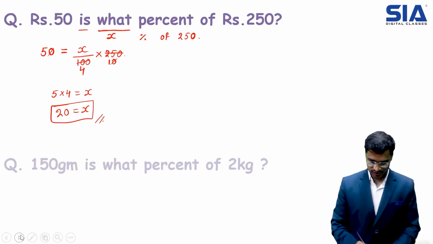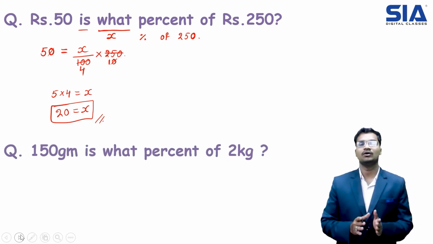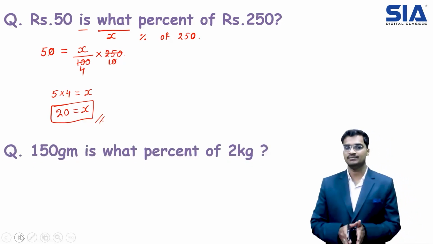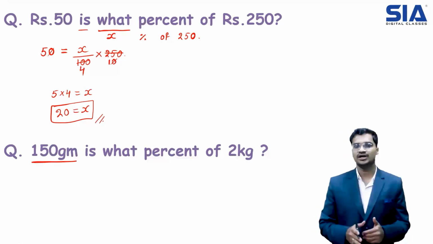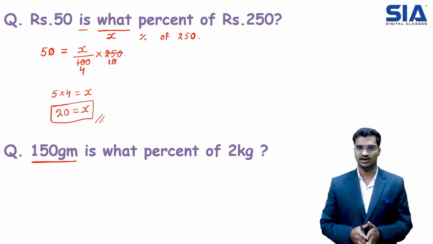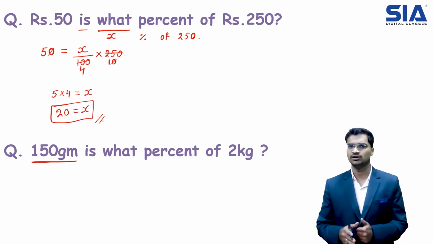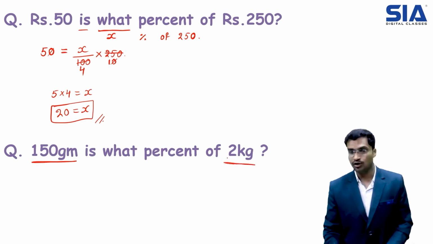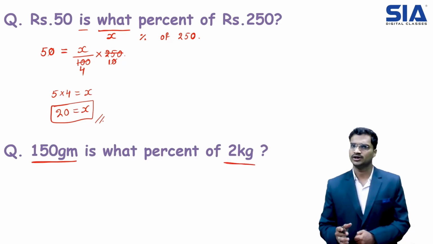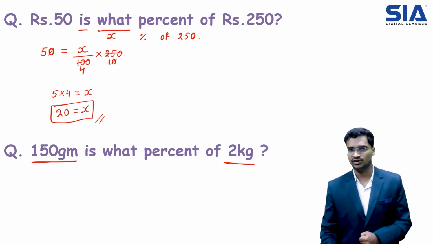In the same way, next question. I have to find what percentage 150 grams is of 2 kilos. Here we are given a value of 150 grams, but we are comparing it with 2 kilos. So we should also convert this into grams.